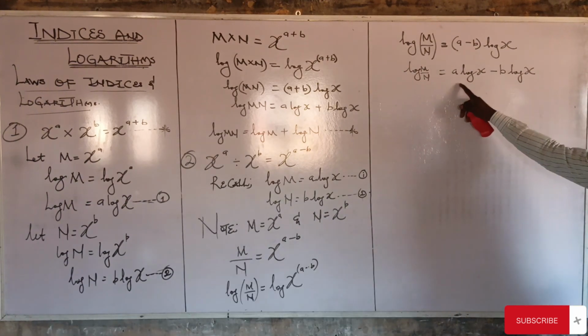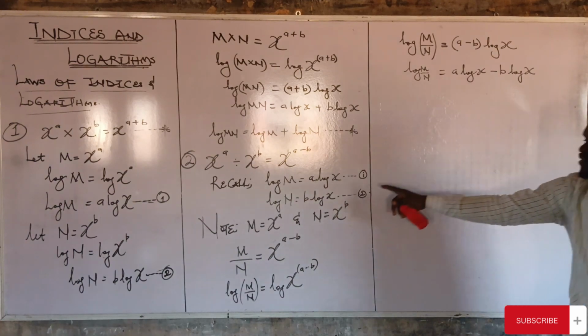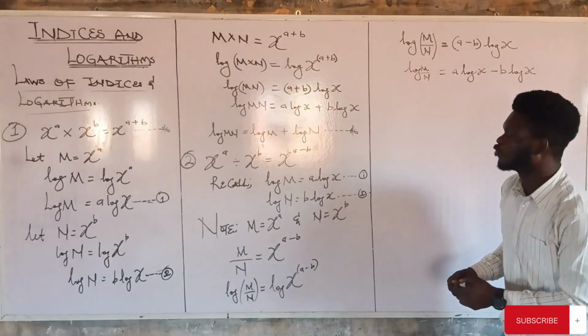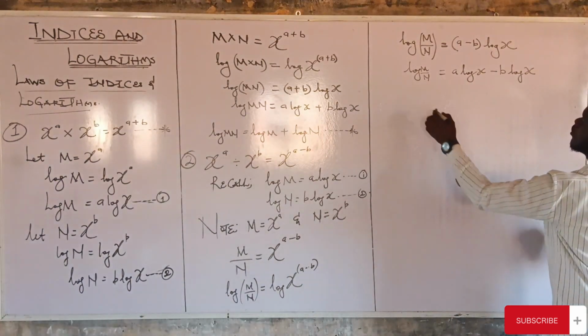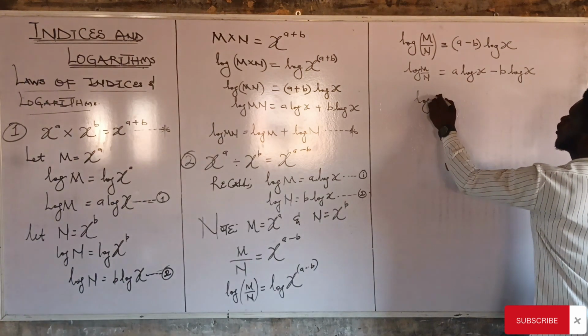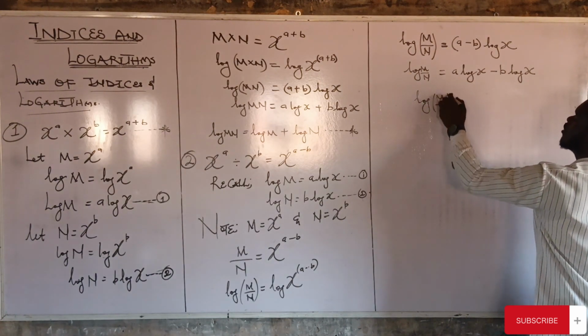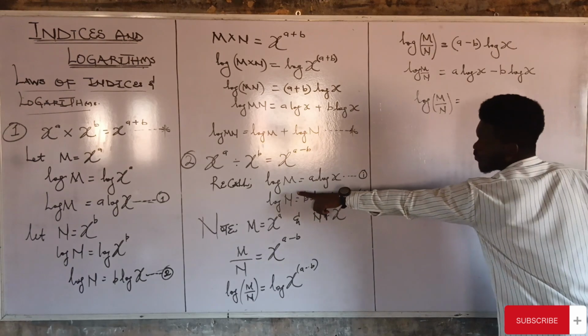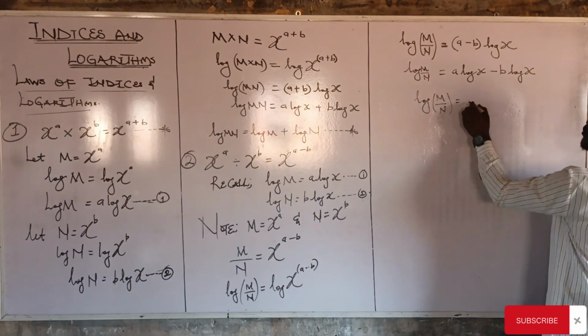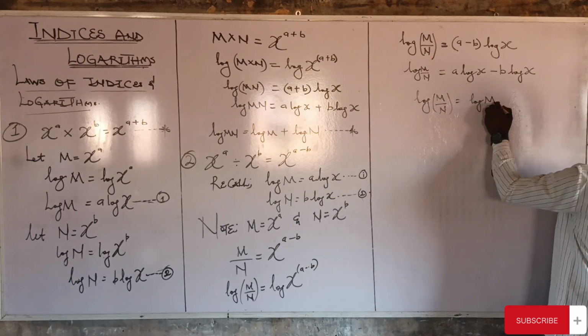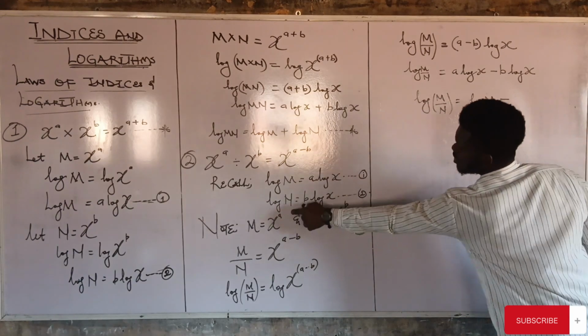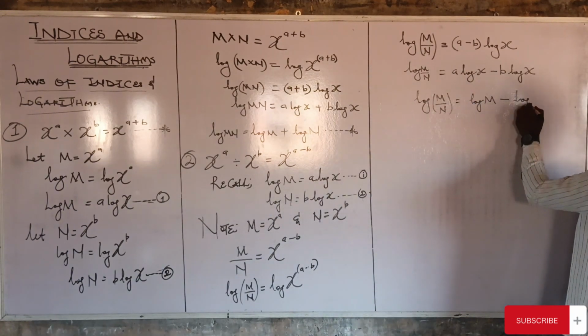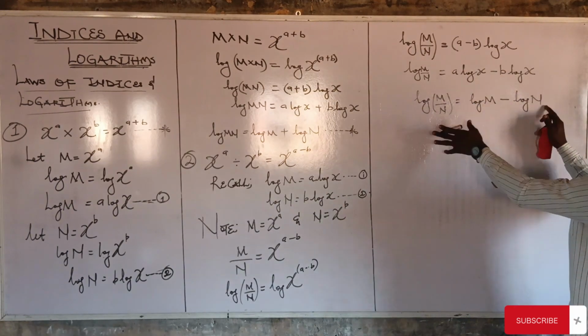From equation 1, a log x has been seen to be log m. So therefore, log of m divided by n must be equal to log m minus log n, since we have found out that a log x is log m and b log x is log n.